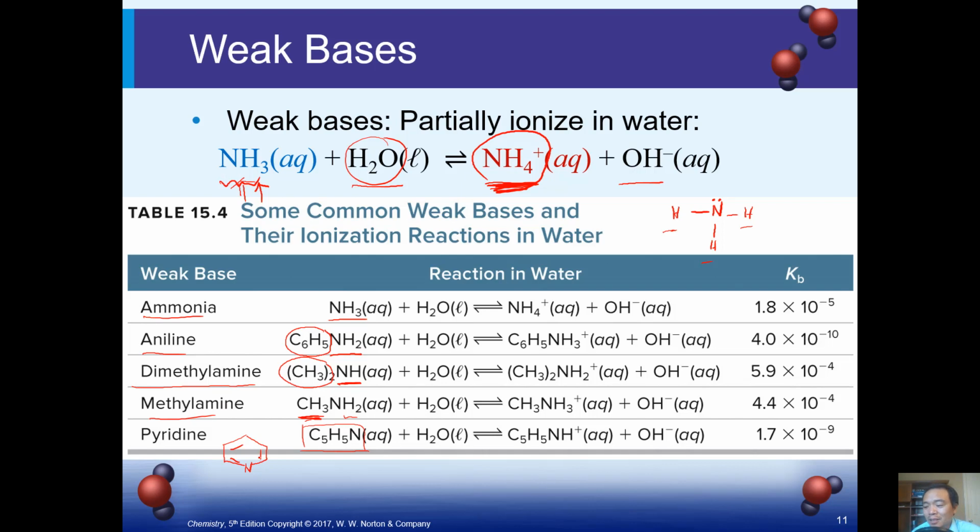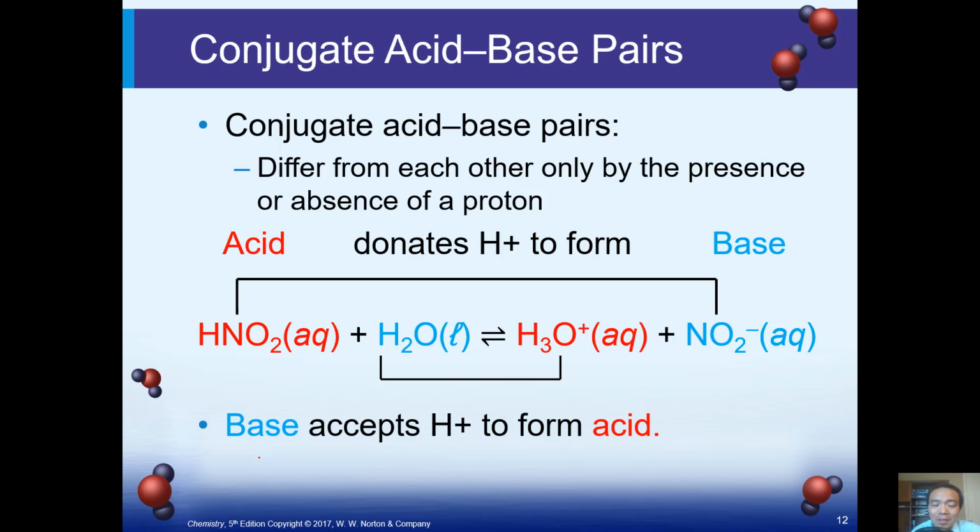You also noticed one thing, as we emphasized, for acids and bases, according to the Brønsted-Lowry definition, you always react with water. After you react with water, the acid will lose the proton and become a species that has 1 less proton. And these 2 species are called a conjugate acid-base pair.